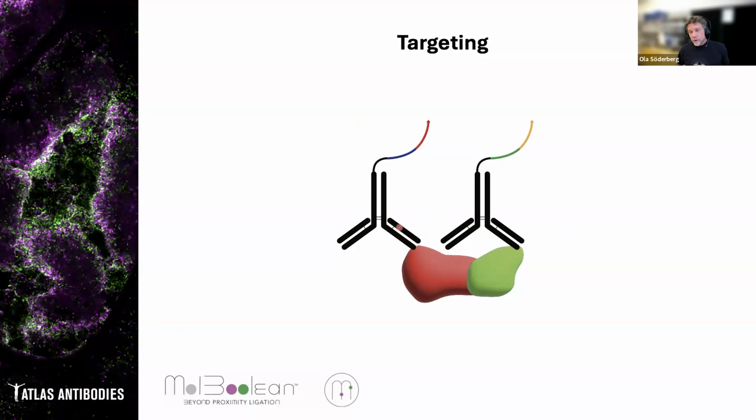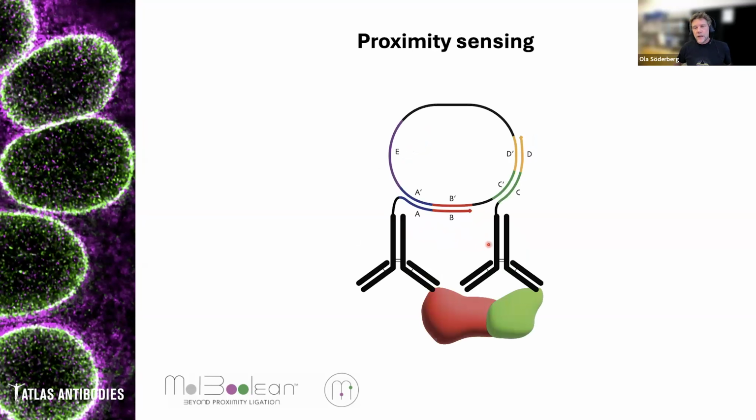The next step is proximity sensing. We want to see if these 2 antibodies bind close enough to each other. To do this, proximal binding will allow the formation of a circular DNA template.